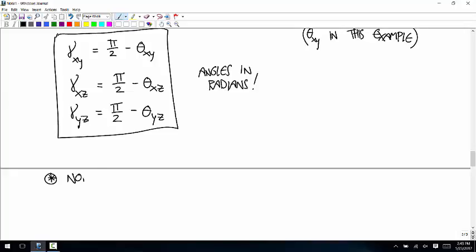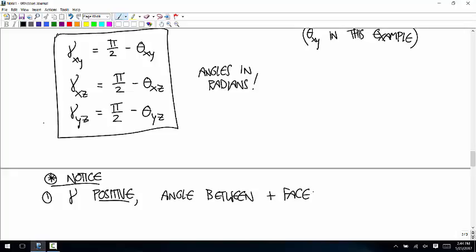So notice, if the shear strain is positive, it means that the angle between those positive faces has gotten more acute. And if it's negative, it means that angle has gotten more obtuse.